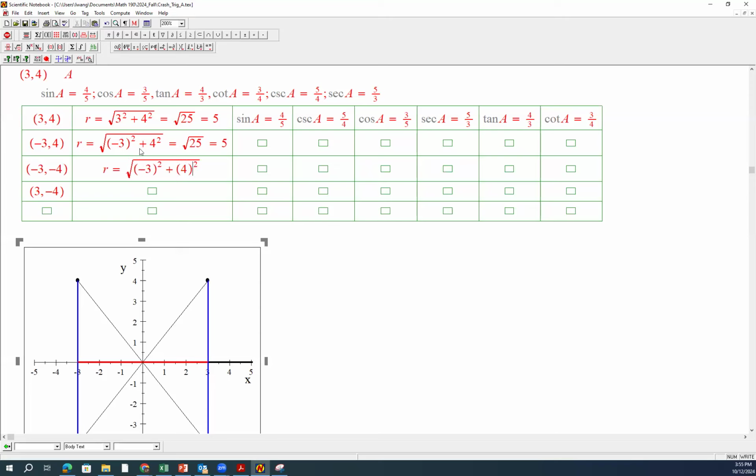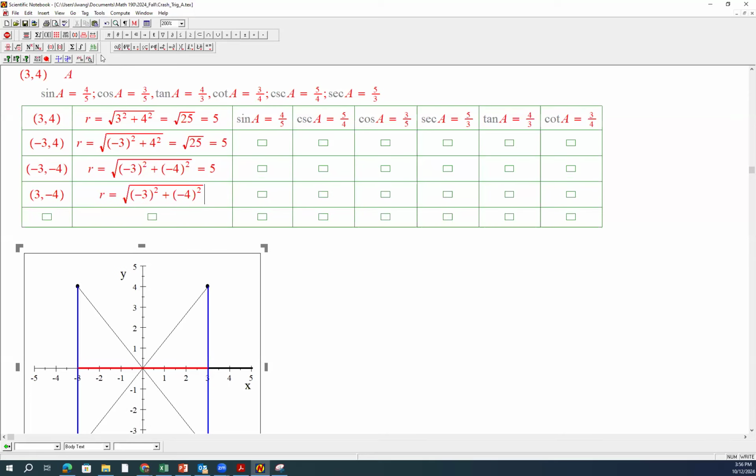Because in this case, after you square them, all the negative numbers turn into a positive. So this equals 5. I just want you to see that R is always positive indeed.